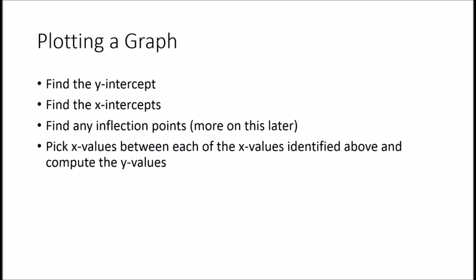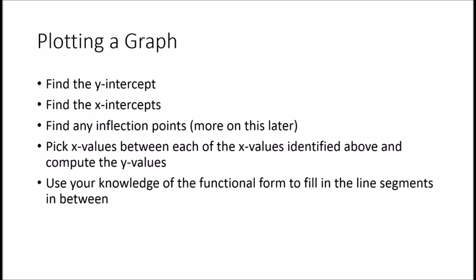And then finally, you're going to pick a few x values between the key points that you identified before and compute the corresponding y values. And you apply your knowledge of the functional form to fill in the line segments in between those points.